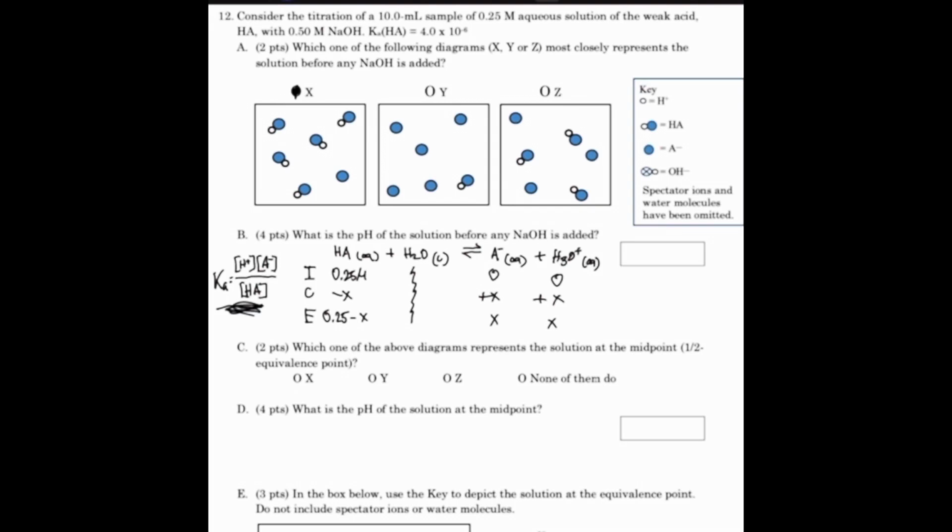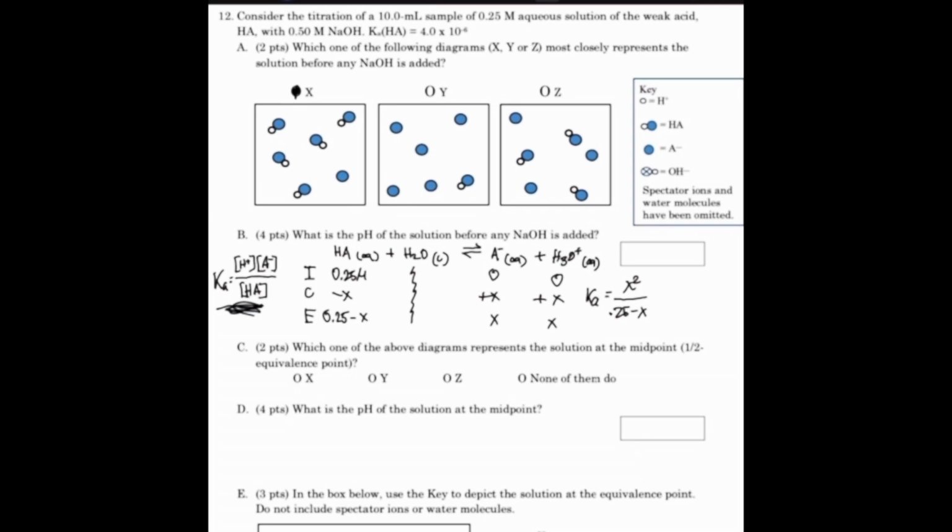I already have the ICE table set up, and from there we find that your Ka is equal to x squared, because at the end of your dissociation you get an x amount of A minus and an x amount of H plus, which you multiply together to get x squared, over your initial concentration of your weak acid minus x, because that's how much of it dissociates.